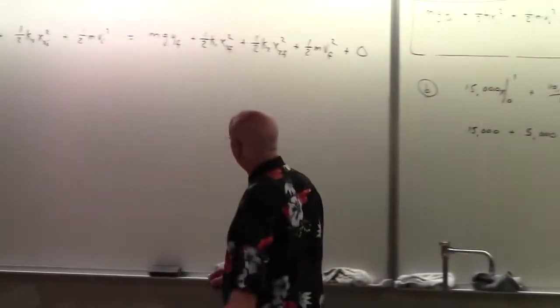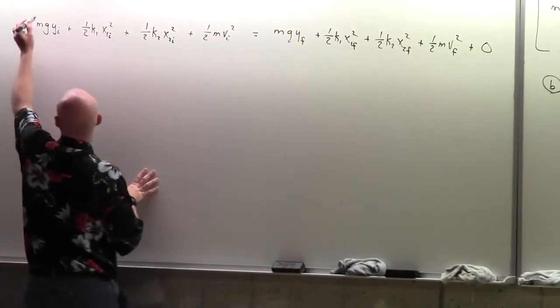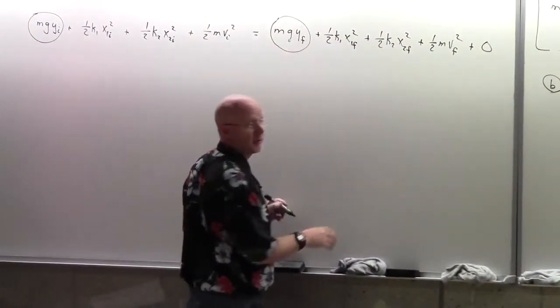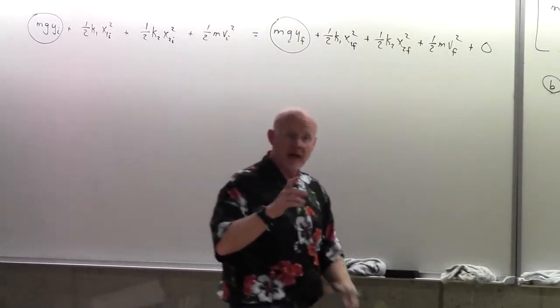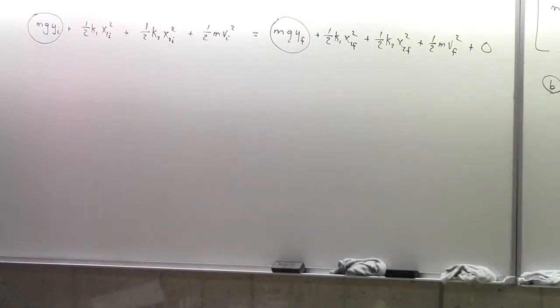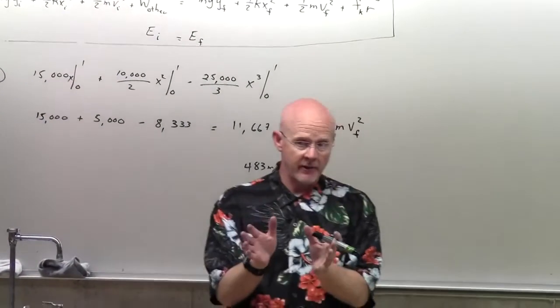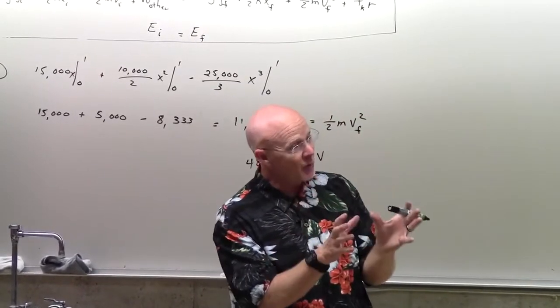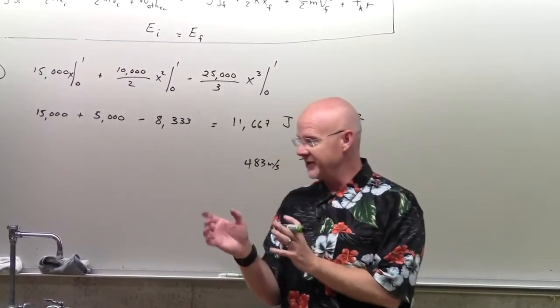In fact, maybe I'll start with these two terms. It's worth saying again: that's what we call the gravitational potential energy. When we worked out the equation, we were required to call up positive and down negative. But we were not required to choose where y equals 0.